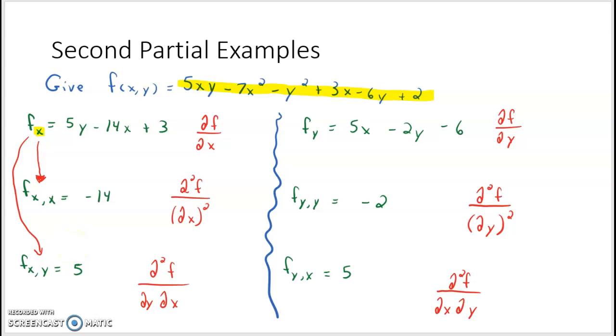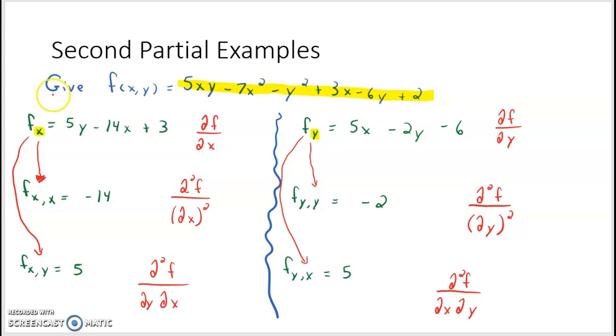Okay, but there's not a link between the second partial of x and the second partial of y. There's no link there. On the other side, we're starting off with the partial with respect to y. And we get 5x minus 2y minus 6. So from there, we could either take the second partial of y, or we could take the next partial with respect to x.